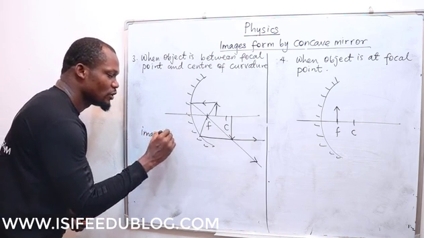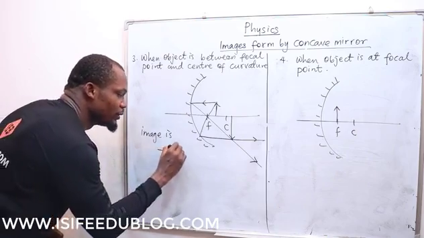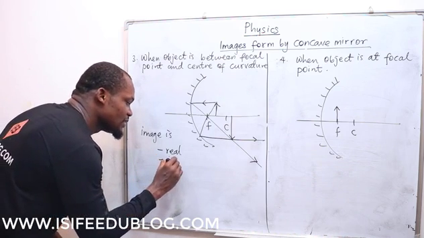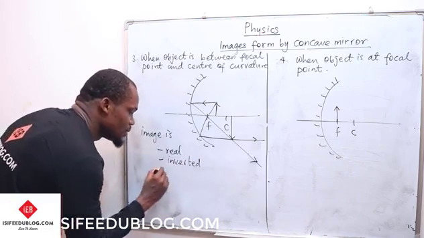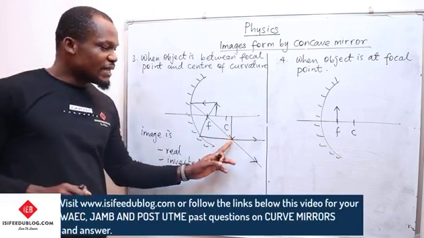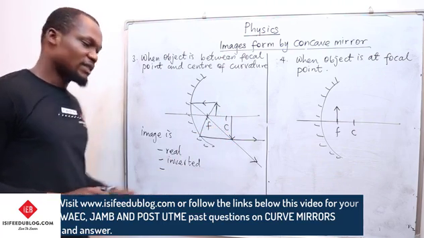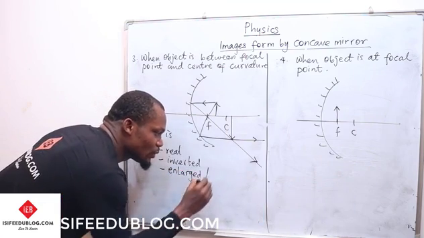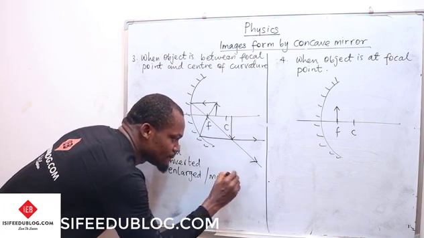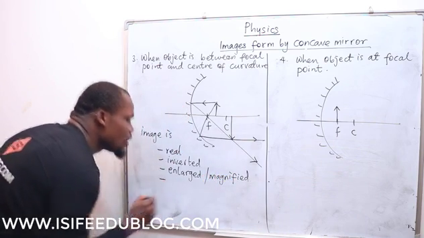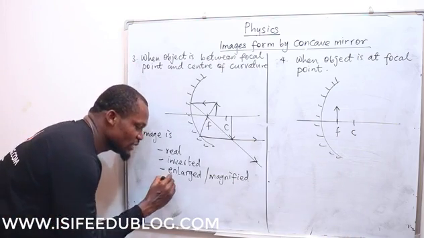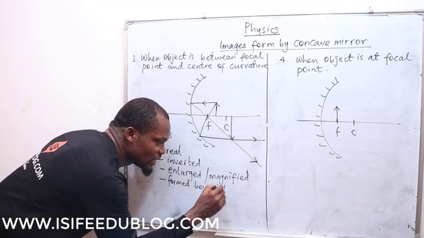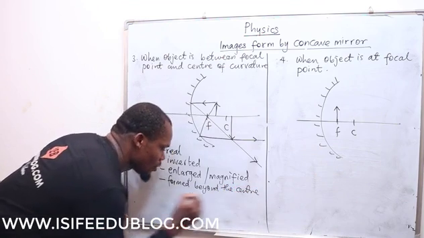From our diagram, you can see that image is real because it is in front of the mirror. Image is inverted from the diagram. What is the size? You can see that the image is now bigger than the object. We say image is enlarged. Either you use enlarged or you use magnified. They are both the same thing. And where is the image formed? The image is formed beyond the center of curvature.